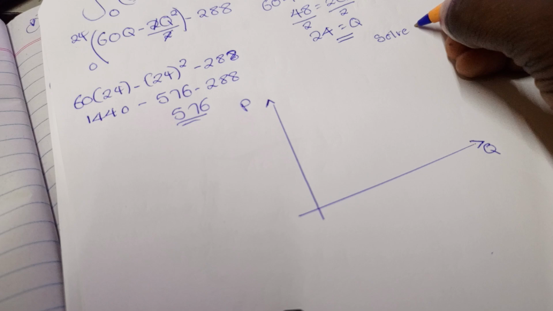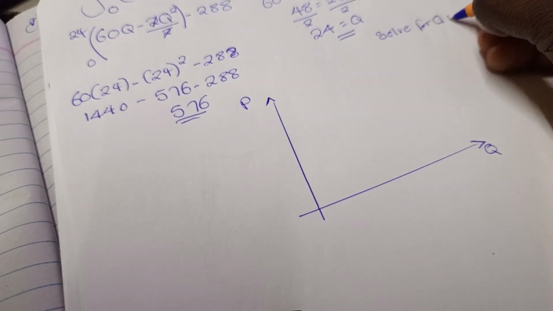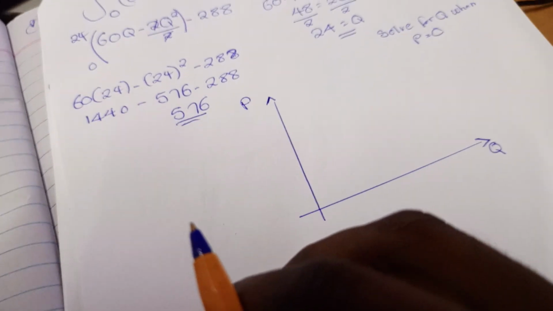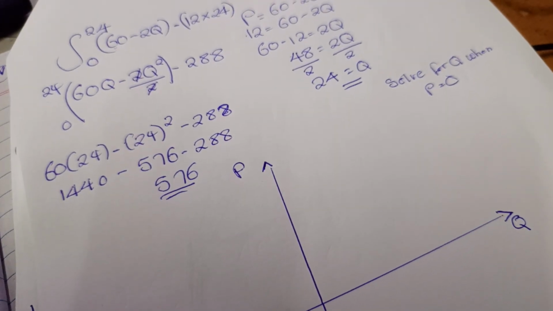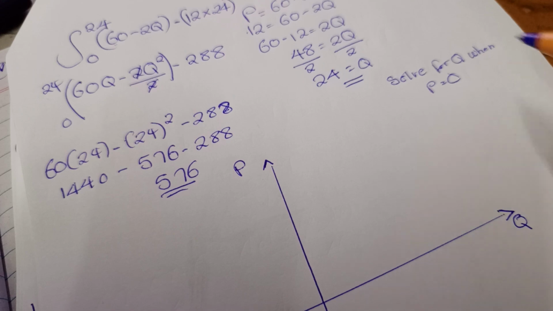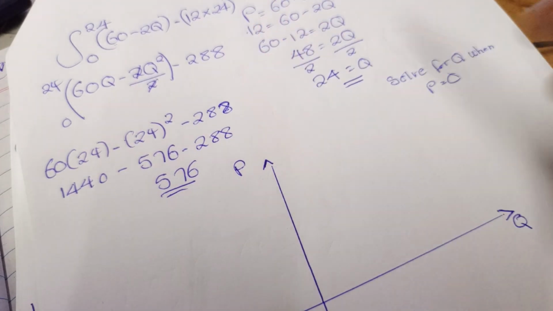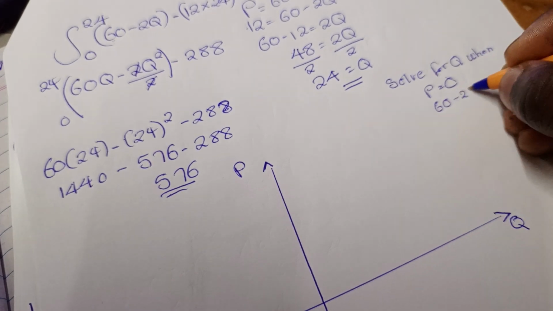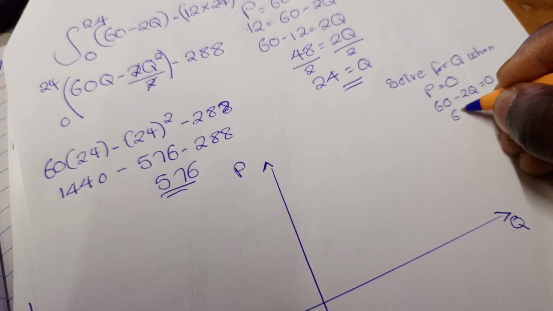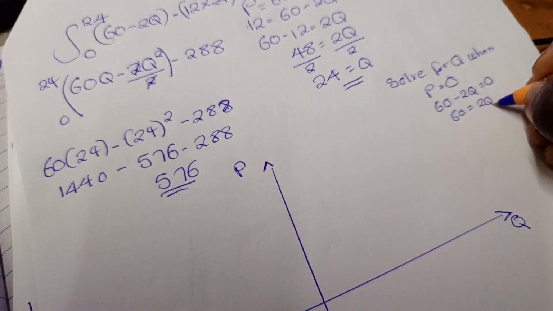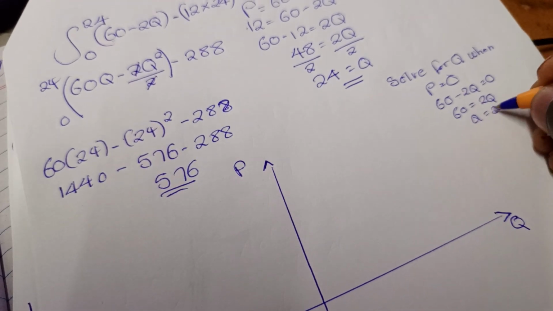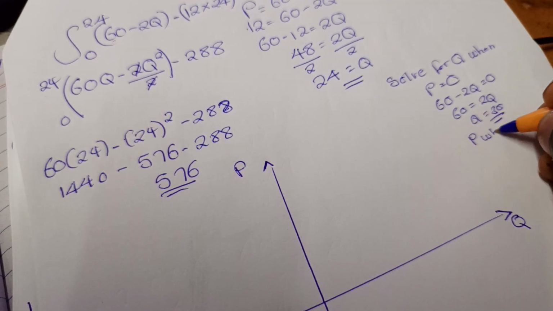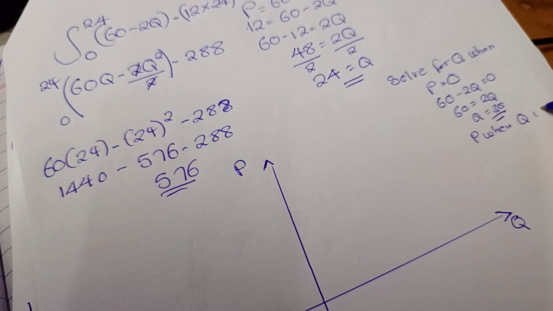So having done that, we will now solve for Q when P is equal to 0. We put 0 where there is P, and you will get 60 minus 2Q is equal to 0. So 60 is equal to 2Q, and you will get the value of Q to be 30. You now solve for P when Q is 0.